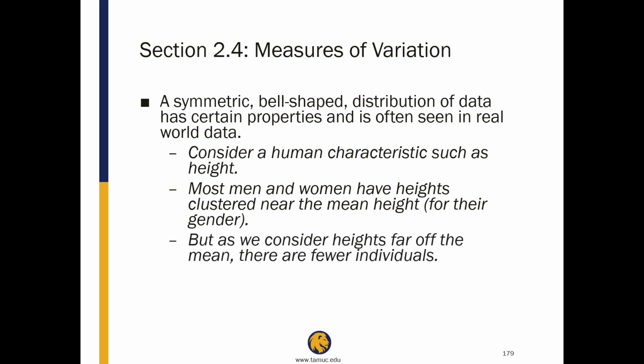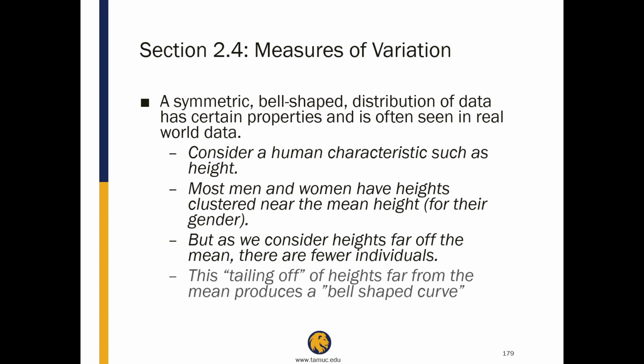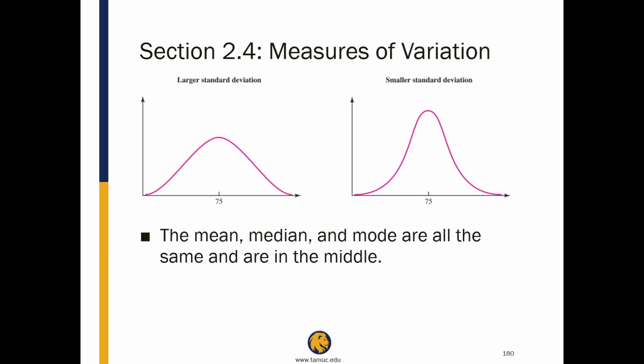But as we consider heights far off from the mean, we have fewer individuals. This tailing off of heights far from the mean produces what we call the bell-shaped curve. It looks something like this. It's symmetric, where the mean, median, and mode are all in the middle, and that's where the majority of the data values will lie.